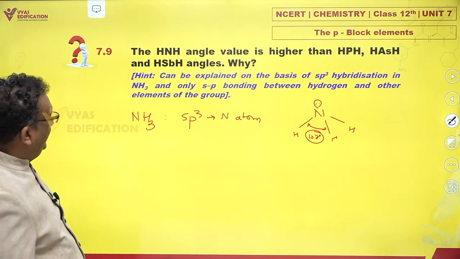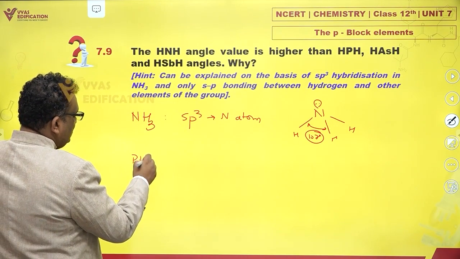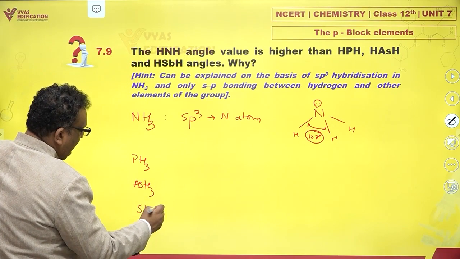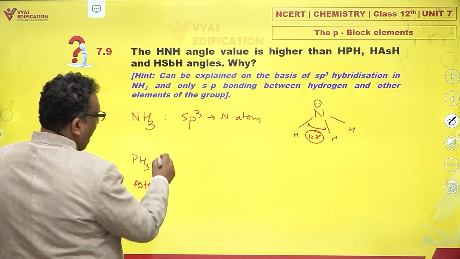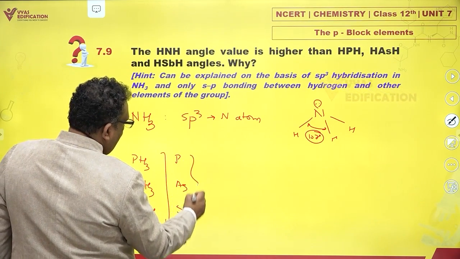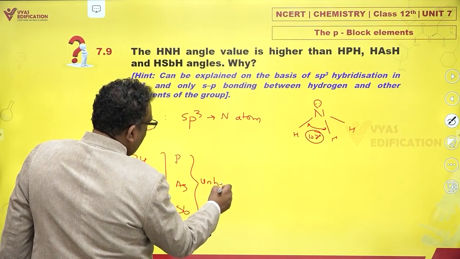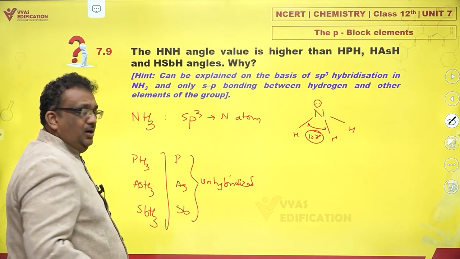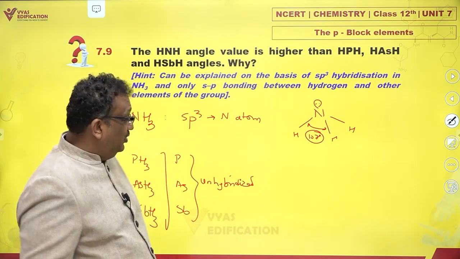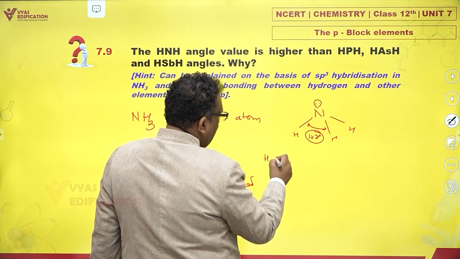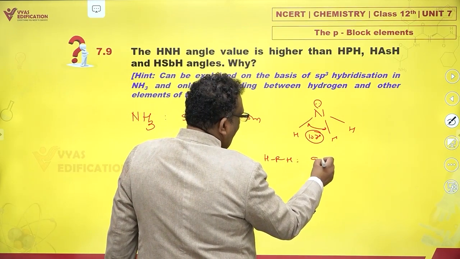On the other hand, if you look at phosphine, arsine or stibine, you find that phosphorus, arsenic and antimony are unhybridized. How do we know this? We know this because these bond angles, H-P-H, this is 94 degrees only.